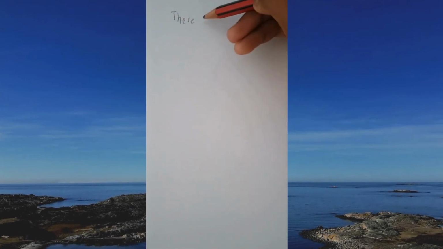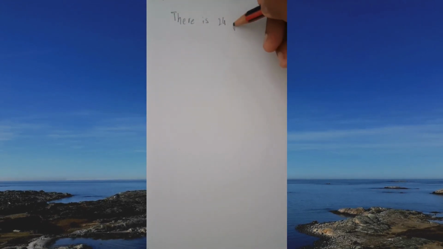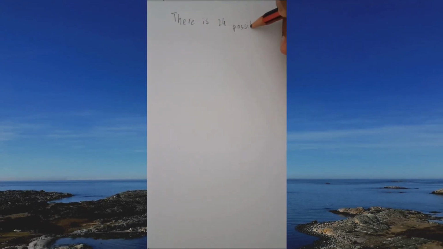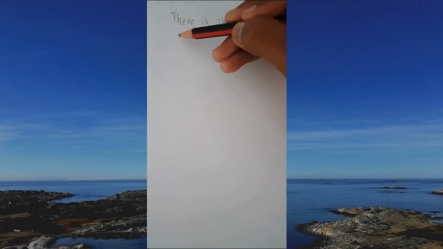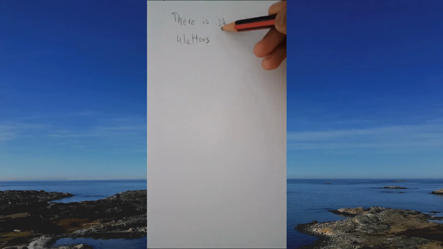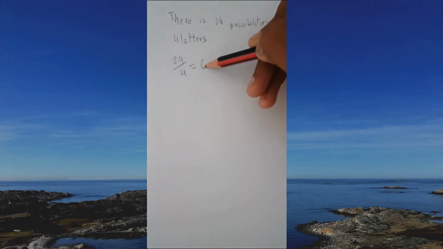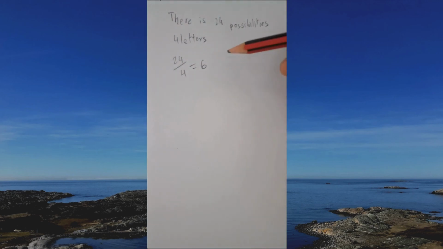So there's 24 possibilities for this question, characters P, Q, R, and S. And since there are four letters, 24 divided by 4 equals 6.